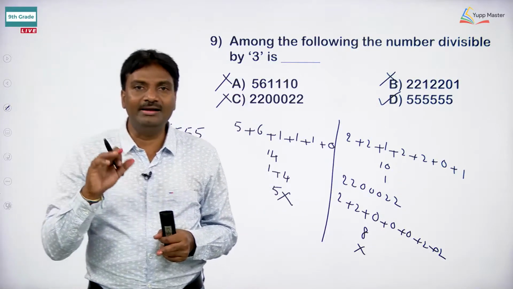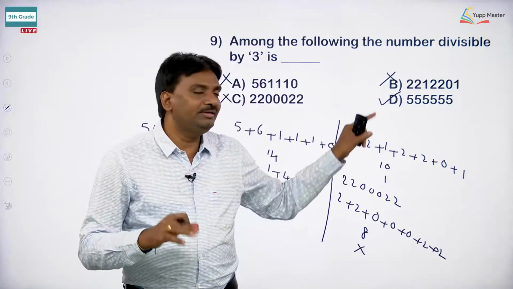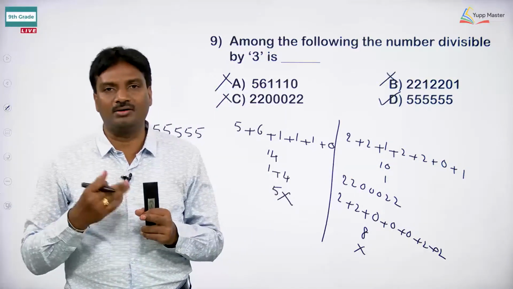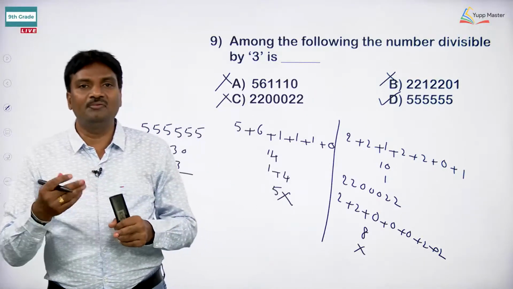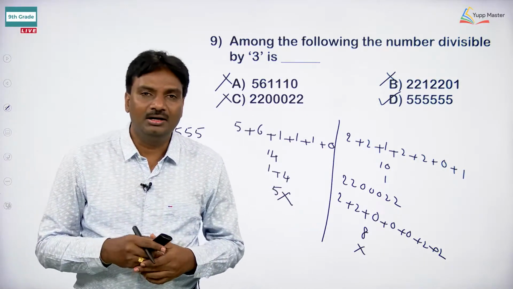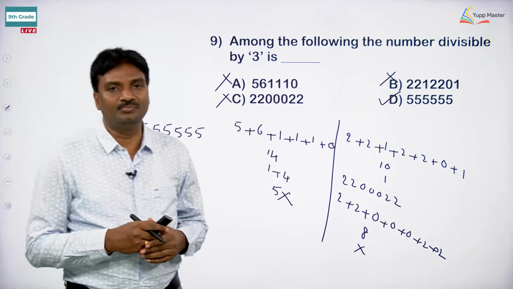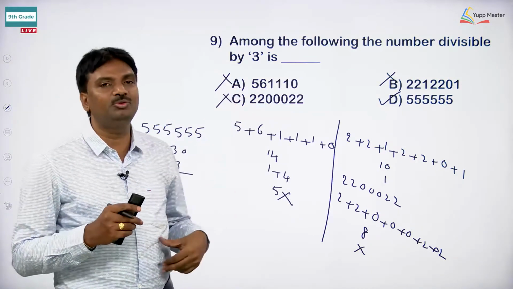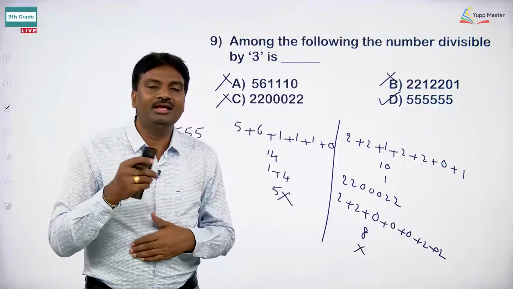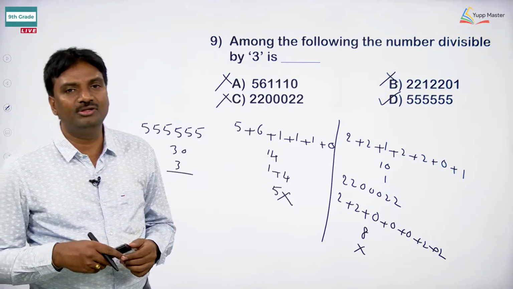So while writing the examination, don't check whether D is the correct option or not. Since A, B, C are not correct, we can take option D as the correct option. If the sum of all digits of the given number is divisible by 3, then we can say the given number is also divisible by 3.